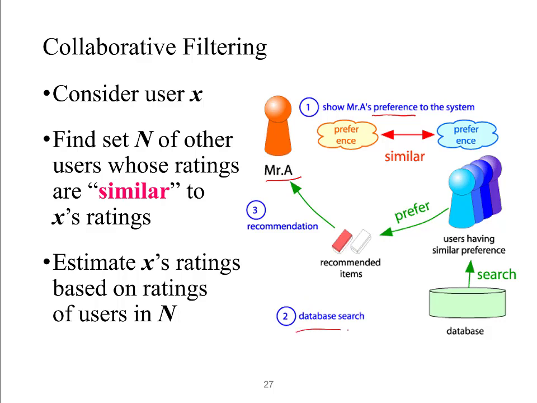So here we do a database search to find the users having similar preference as Mr. A. And the third stage is to estimate X's ratings based on the ratings of users in N. From the ratings of these users, we can estimate X's ratings and do the recommendation.